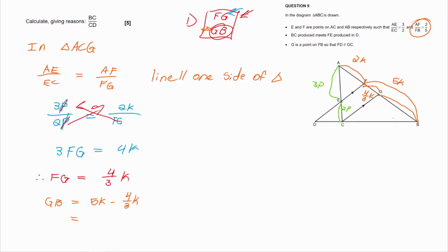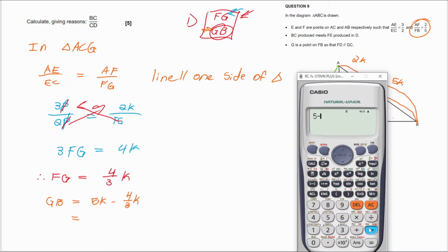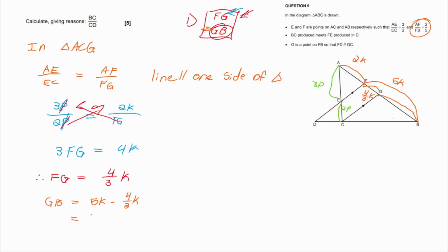If I put that in the calculator, I get 5 minus 4 over 3, which gives me 11 over 3K. So I have my two things.